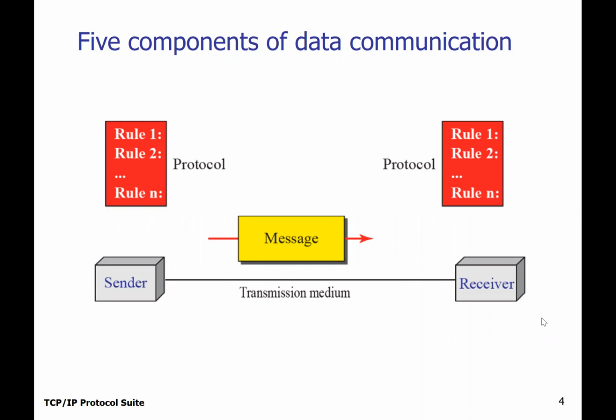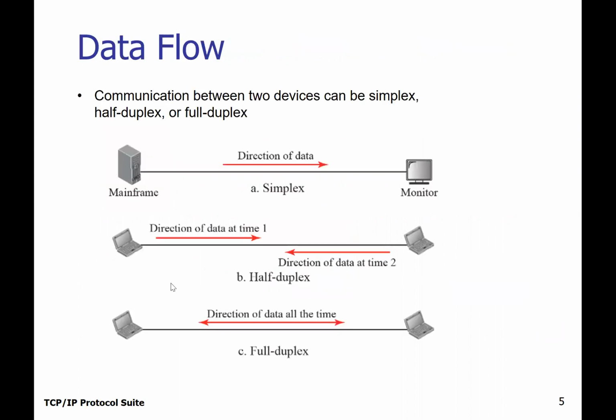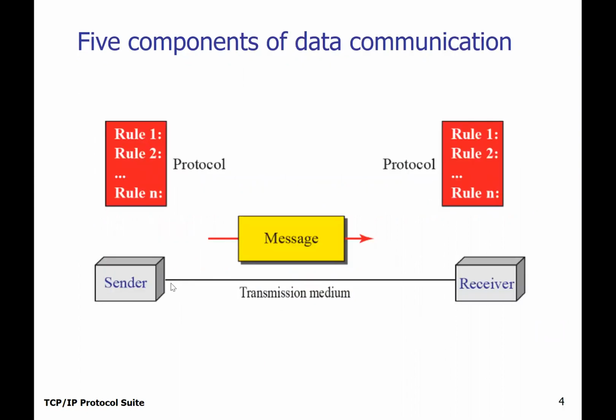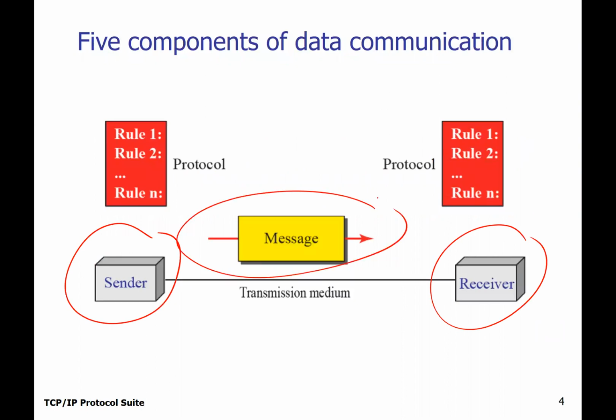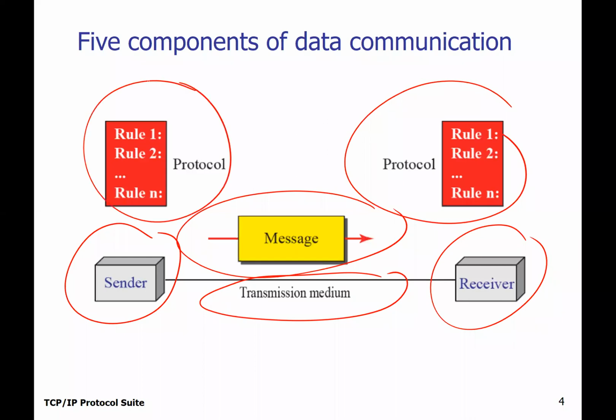You need a sender, you need a receiver. What else do you need? You need the message. Even if two computers are already connected, if there is no data going back and forth, there's no communication. And you need the media. And what else do we need? Protocol. It's very important. Without a protocol, you cannot communicate.